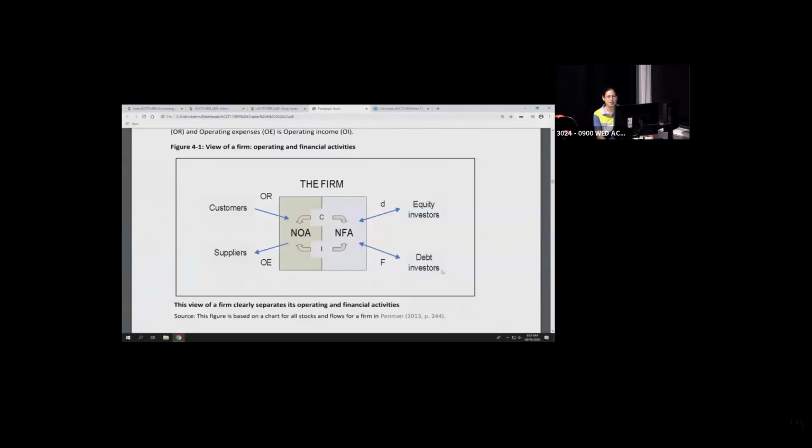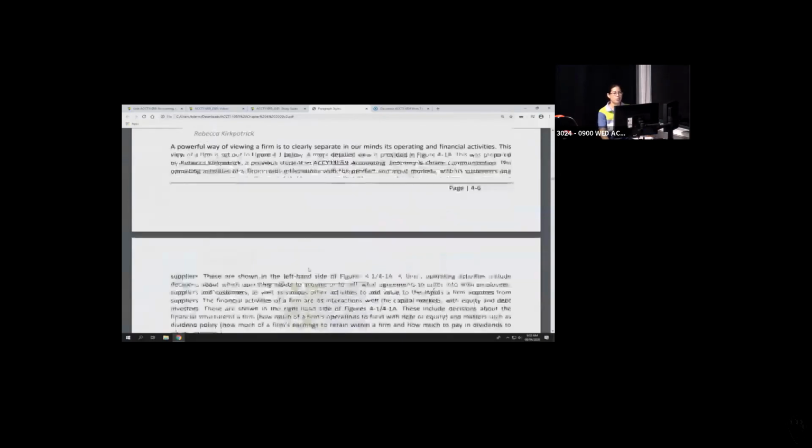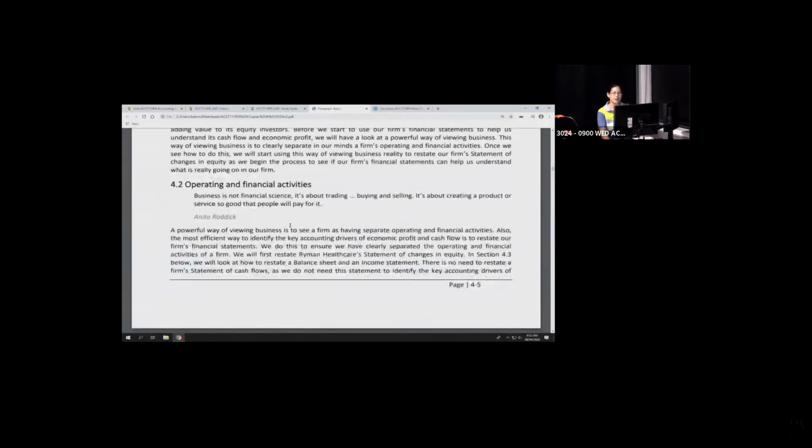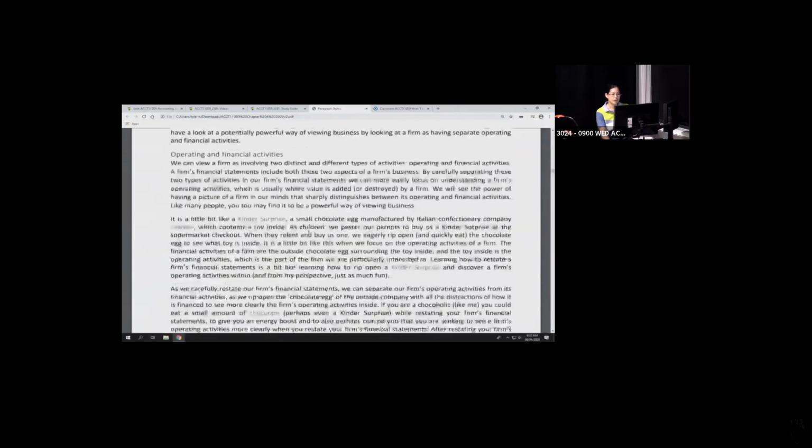They're the debt investors. So they're the two main sources of financial activities. First of all, read through what is operating and financial. Martin explains it in so much more detail, but that's a very quick nutshell of O and F, operating and financial activities. So you go through, have a good read, have a reread.